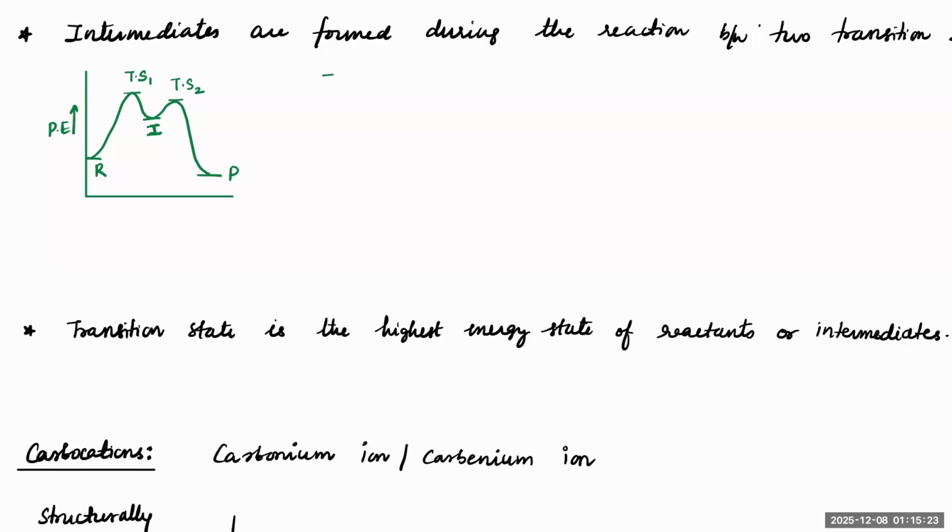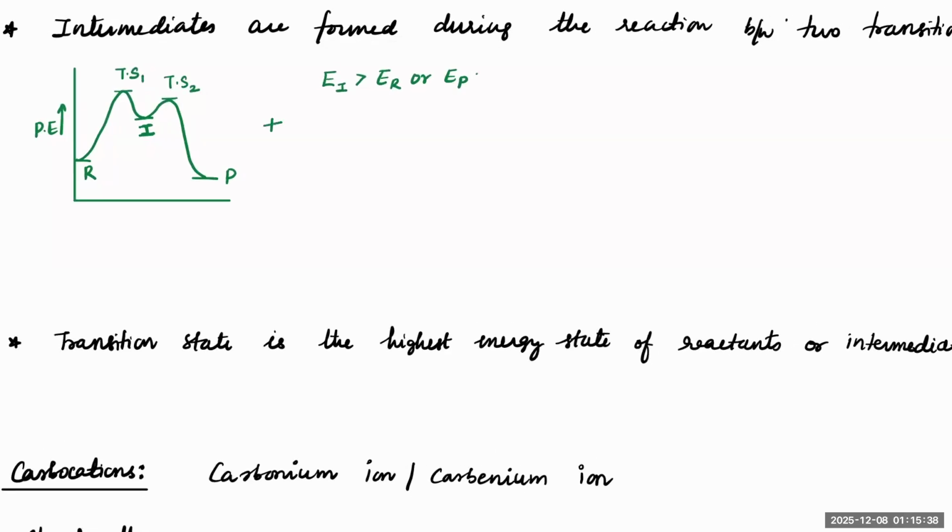Usually, the energy of an intermediate is always greater than either the reactant energy or the product's energy. And these kinds of reactions where you have intermediate formation before a product forms are called complex reactions.